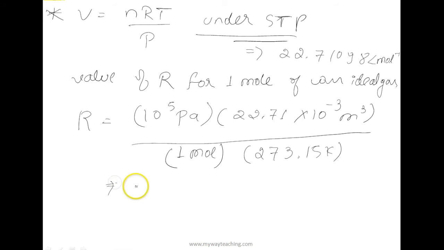After calculating this, we are getting 8.314 joule per Kelvin per mole. So at STP condition used earlier, 0 degree Celsius, this ideal gas equation is a relation between 4 variables and it describes the state of any gas, therefore it is also called the equation of state.